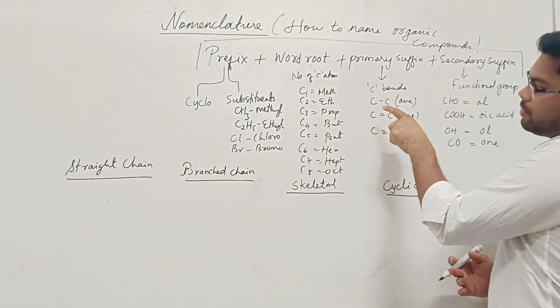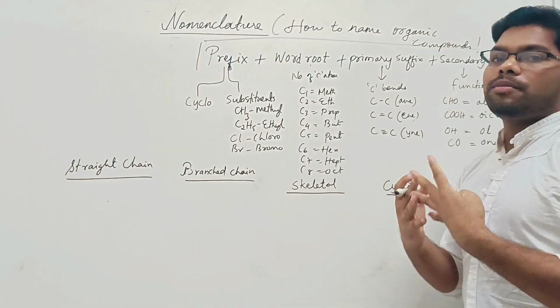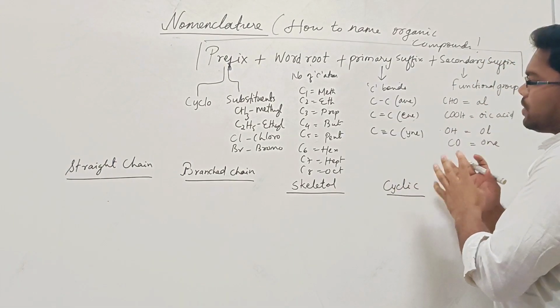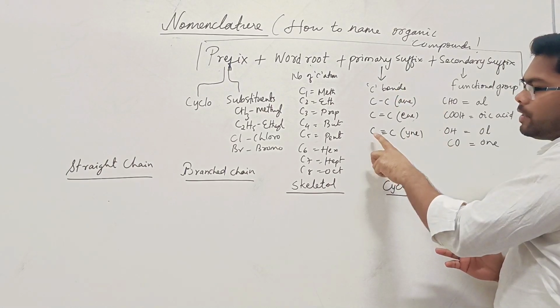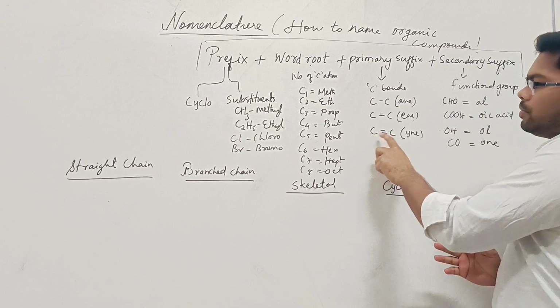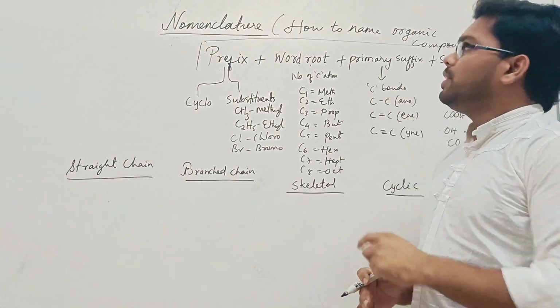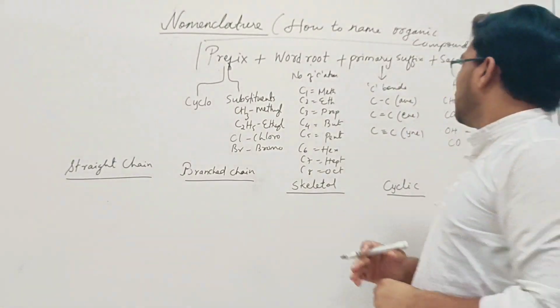If there is a carbon-carbon double bond in the organic compound, then we use the suffix ene. If you find a carbon-carbon triple bond, then you use the suffix yne. This is about primary suffix.